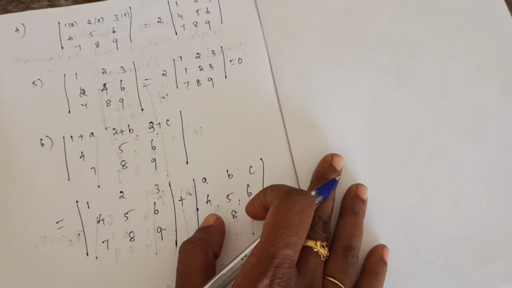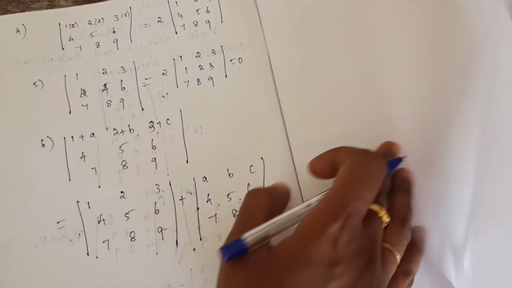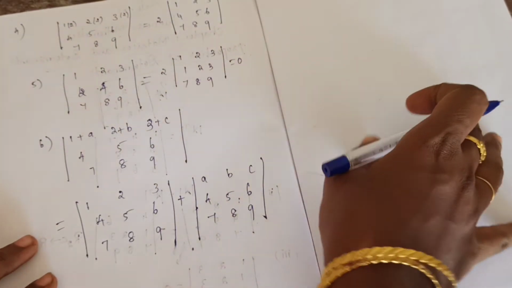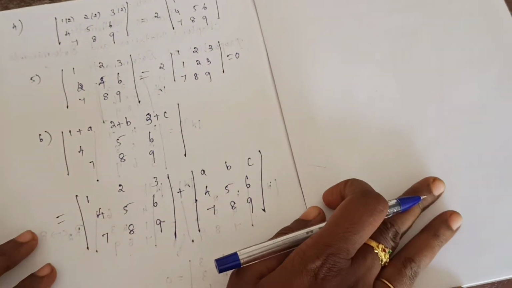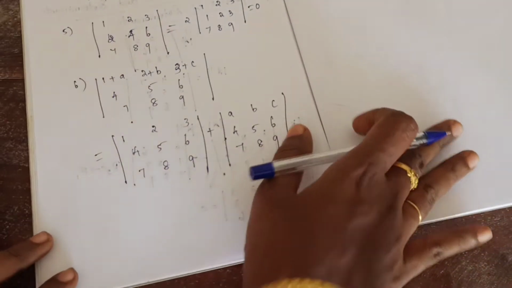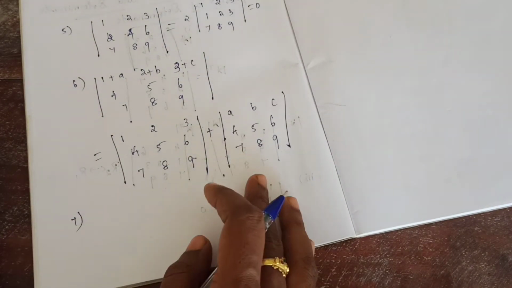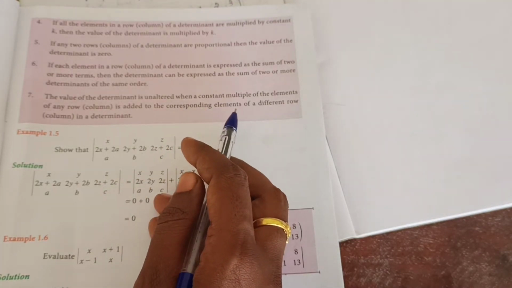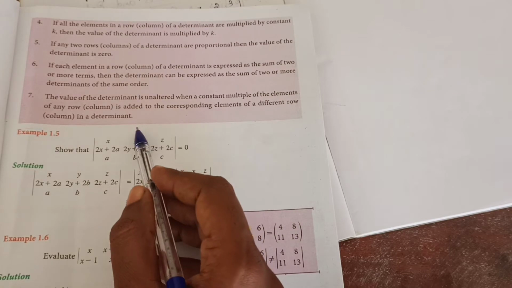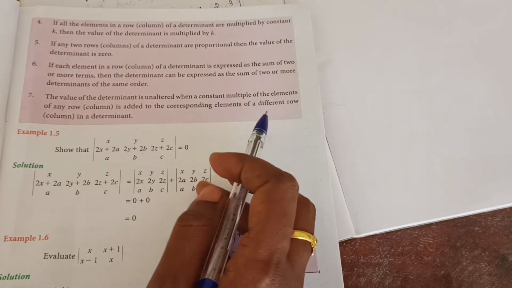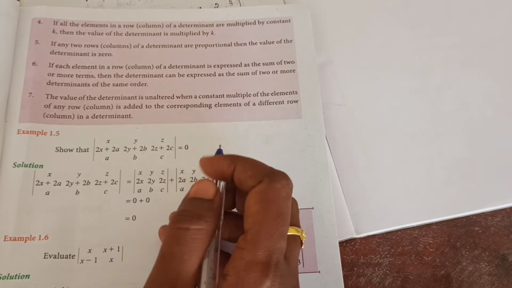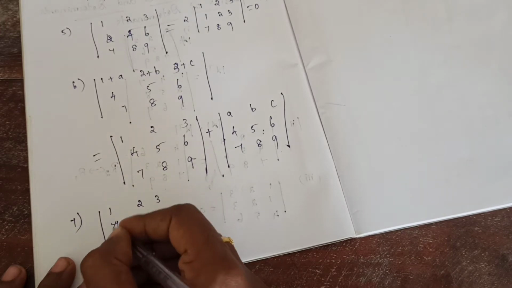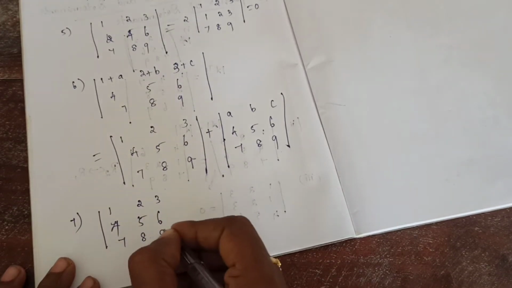Understand? That is, if each element in a row of a determinant is expressed as the sum of 2 or more terms, then the determinant can be expressed as the sum of 2 or more determinants of the same order. You can split. Okay. Then next one is the seventh one. The value of the determinant is unaltered when a constant multiple of the elements of any row is added to the corresponding elements of a different row in a determinant. I will give an example: 1, 2, 3, 4, 5, 6, 7, 8, 9.